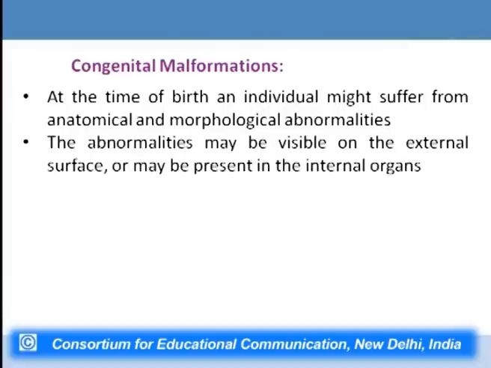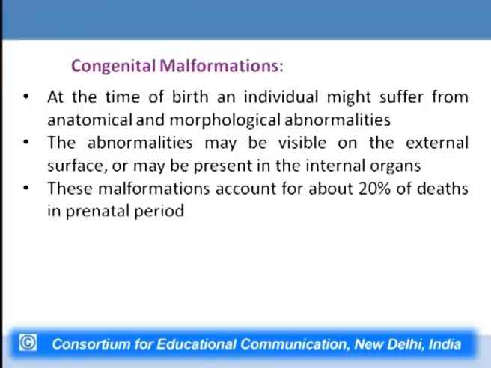These abnormalities may be directly visible on the external surface, like a malformed nose, ear or spine, or they may not be visible externally but be present in the internal organs, in the structure or the function of these organs.